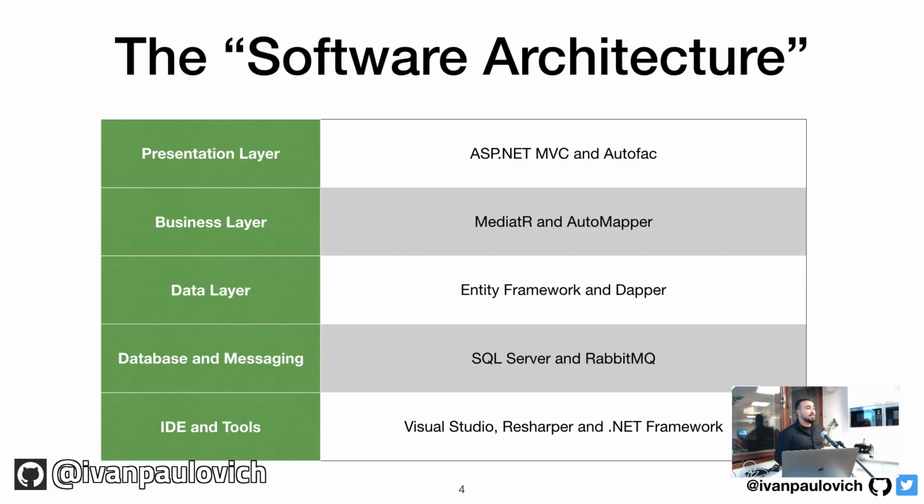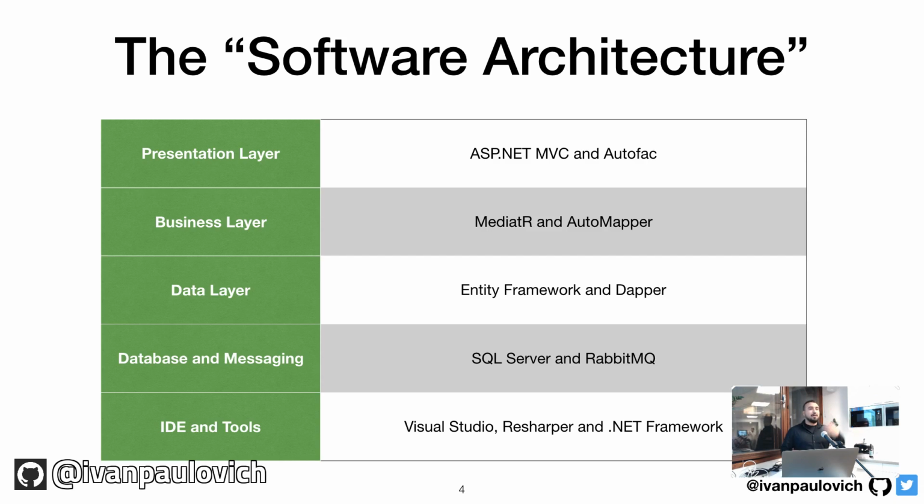And I need to start by making a provocative statement here. It's about software architecture. We usually see job descriptions describing software architectures like that: we define an application by its layers and the frameworks it uses, right?